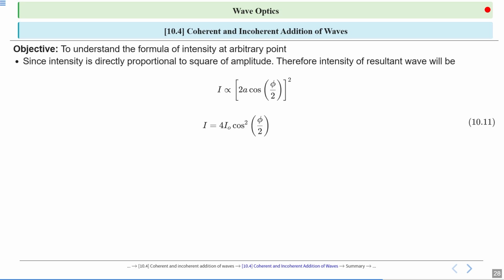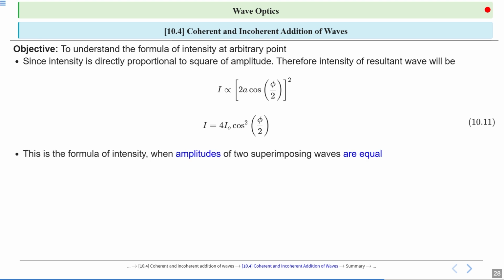So we are taking the ratio: I upon I naught will be 4 A square cos square(phi by 2) upon A square. A square and A square will get cancelled out and I naught will go to the right side of the equation. So it becomes I equal to 4 I naught cos square(phi by 2), which is equation 10.11.